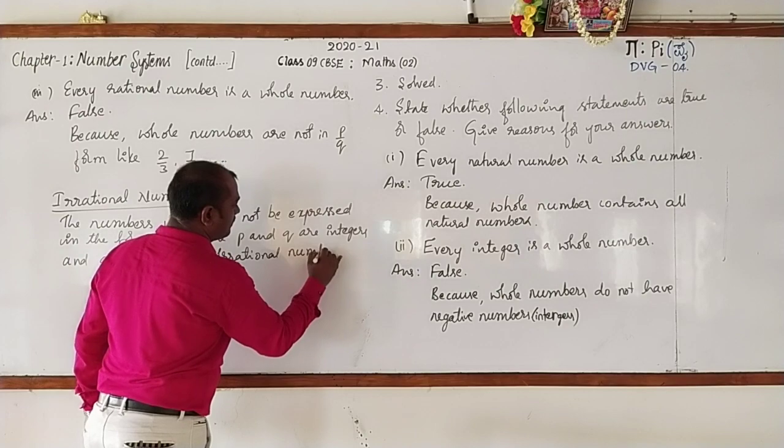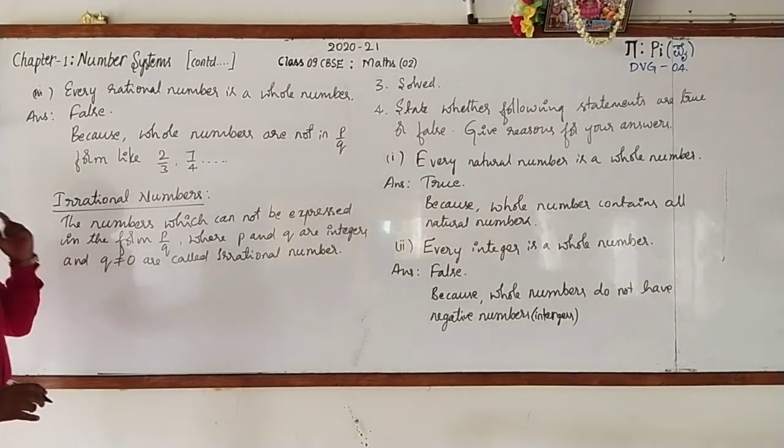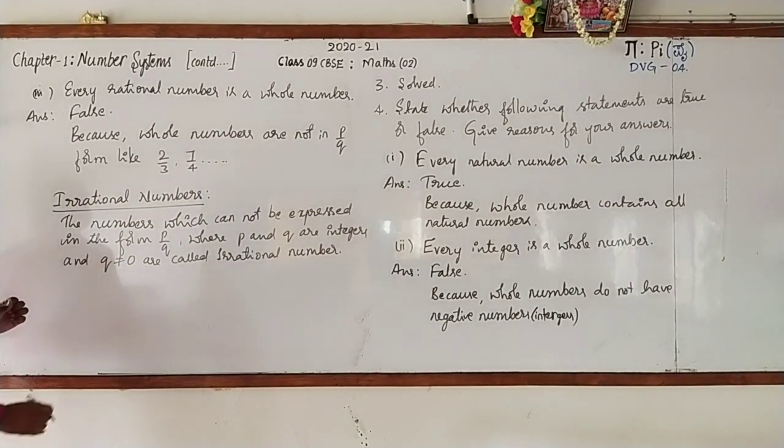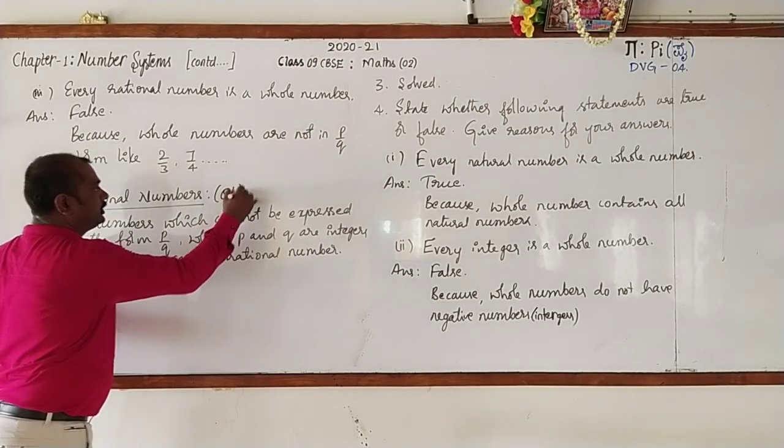Irrational numbers. And the collection of irrational numbers is denoted by the symbol Q dash.